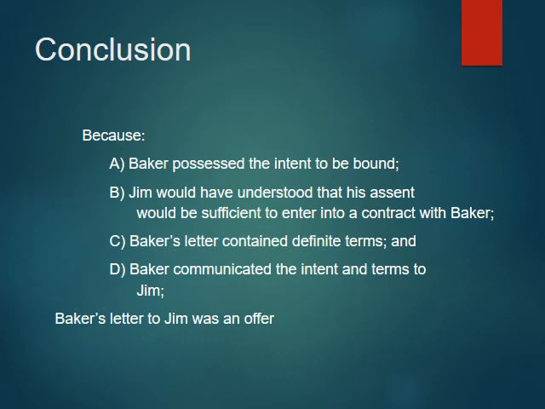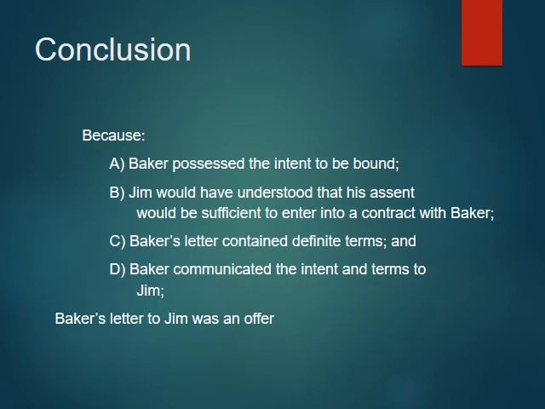A better way of saying it is not to be conclusory, but rather to elaborate. You say, because A, Baker possessed the intent to be bound. B, Jim would have understood that his assent would be sufficient. C, Baker's letter contained definite terms. And D, Baker communicated the intent in terms to Jim. Therefore, or because of those things, Baker's letter to Jim was an offer.